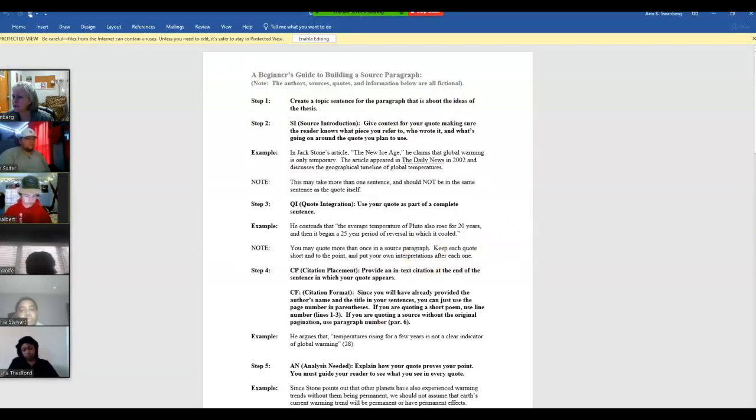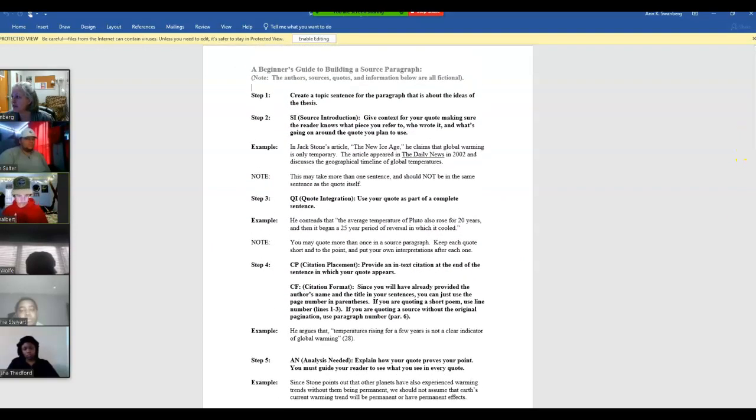All right, these are the steps of source use, and I want to make sure you understand that every time you use a source, you go through all of these steps. I don't care if it's in my paper for this essay, or for a psych essay, or for an essay in your history class, or an essay in your biology class.